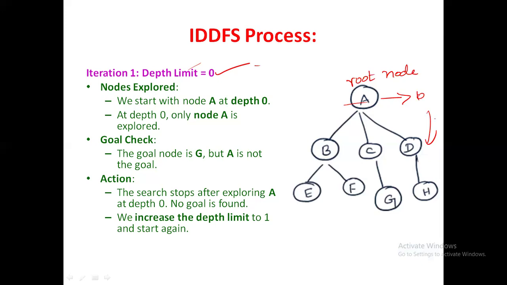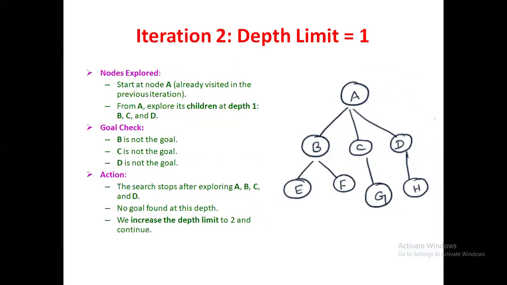In the second iteration, the depth limit is 1. Now the search explores the root node A, and its immediate children B, C, and D at depth level 1.